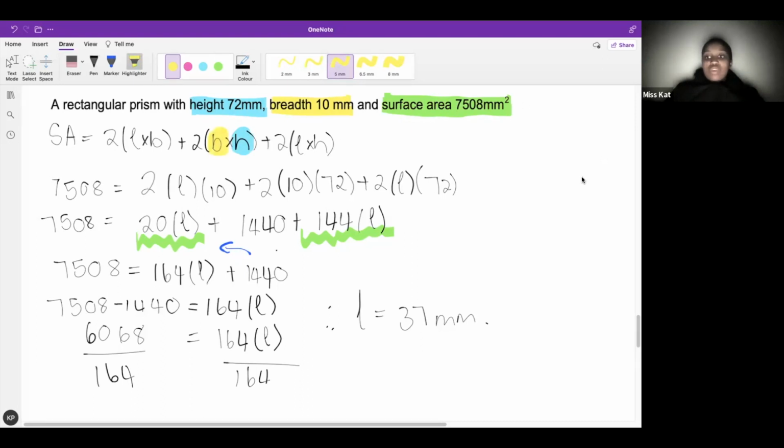So we didn't have an unknown for that part of the sum. It was just 2 times 10 times 72. I hope that made sense. So the only ones left with the L were the first one and the second one.